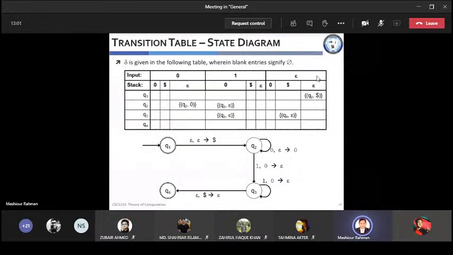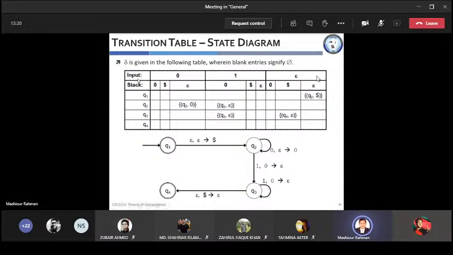So we go to the table representation for this one. I have already shown you the table in the previous slides, but at that moment I just showed you the format of the table. Now I want to relate the table with the state diagram. Remember, the empty spaces in the table represent null. Instead of writing null in all cases, I have just written that the blank entries signify null.